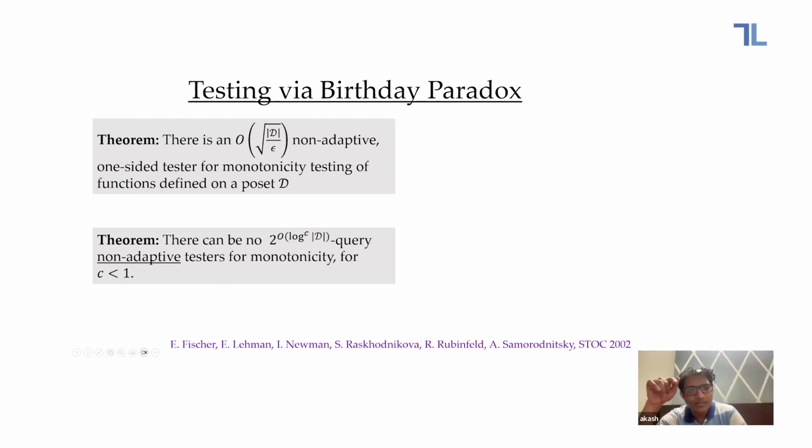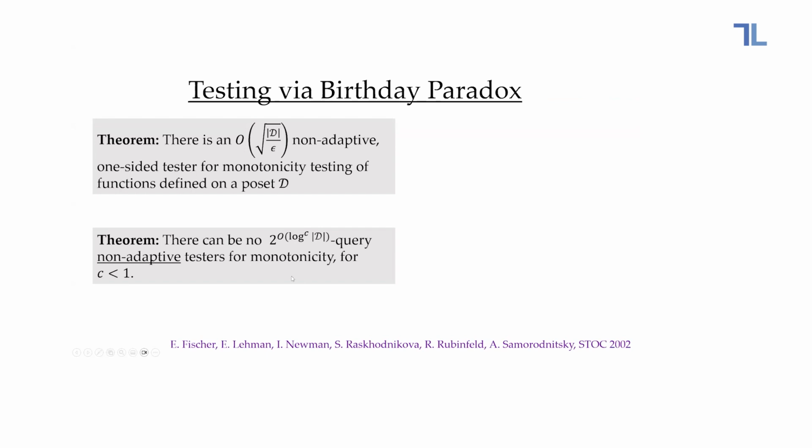So this is non-adaptive, one-sided? No, I think it's two-sided. Oh, okay. Deeparnab, can you explain these two terms once: what is an adaptive and non-adaptive tester? Yeah, so a non-adaptive tester makes all its queries up front. It is a randomized algorithm which uses randomness to figure out which queries to make, feeds them to the black box, and the black box gives you the answers.